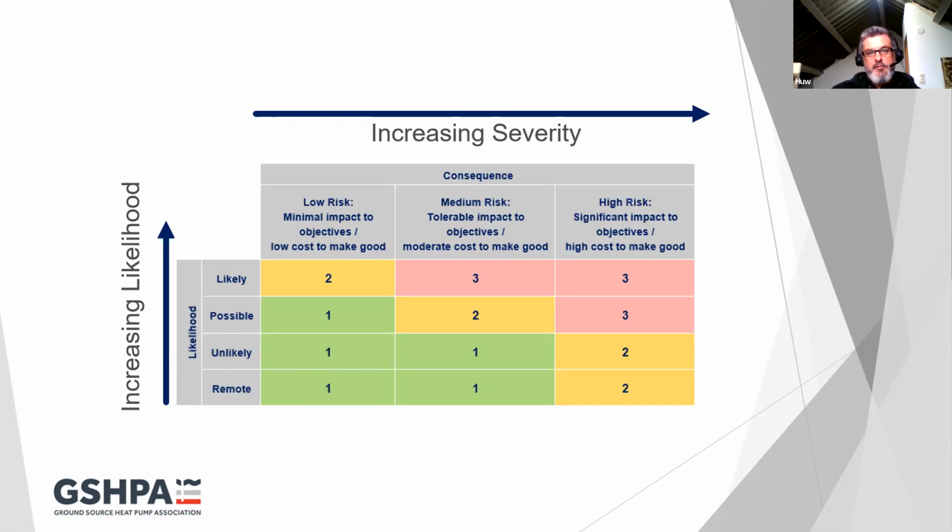Do we need a model if a project is large, it exceeds some thermal threshold or flow rate? Well, as I said, there is no threshold, but there is certainly a correlation between bigger, more expensive projects in areas with more temperature sensitive receptors, such as lots of other ground source heat pump systems, or even an environmental receptor such as a spring or a wetland that the Environment Agency or the local regulator may have a concern over.